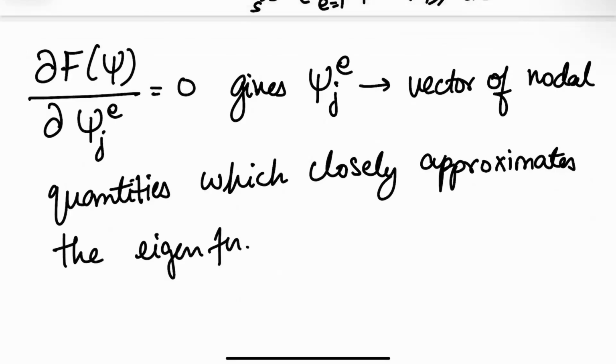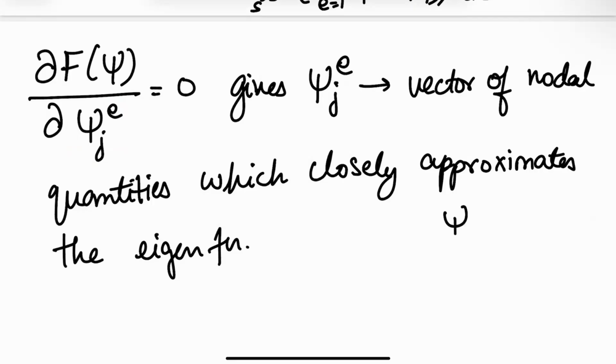So earlier we said that, okay, you have to take the derivative of f with respect to psi, right, which is the function. So derivative of the functional with respect to the function. But now we are saying that since we have discretized it into a set of unknown quantities psi je, it's essentially like saying, what is the vector? So this is a vector, right? Because it's a function of, I mean, basically you have psi 1.